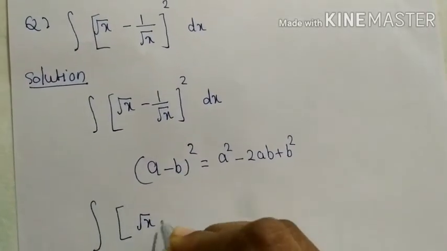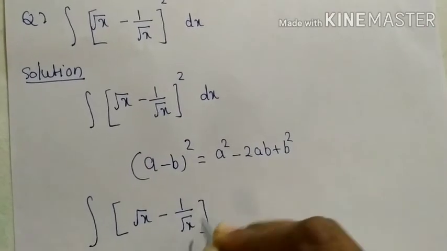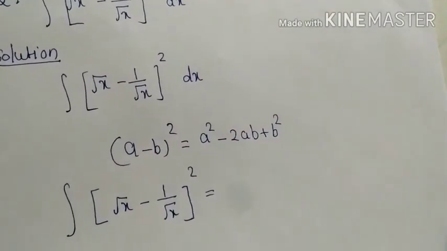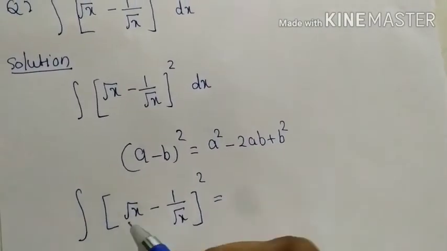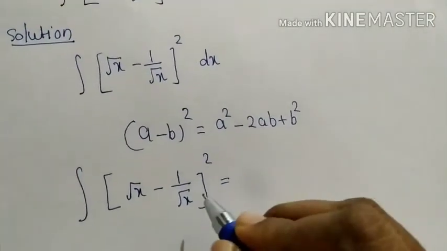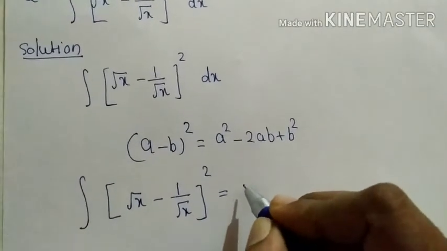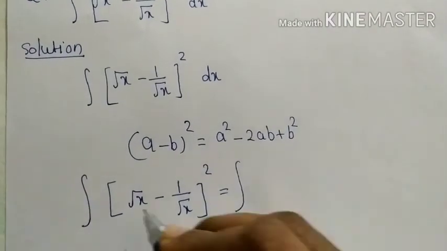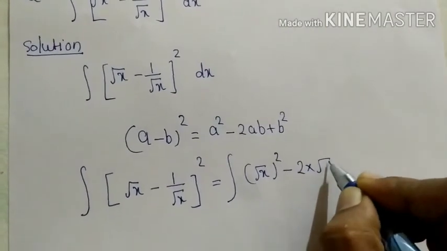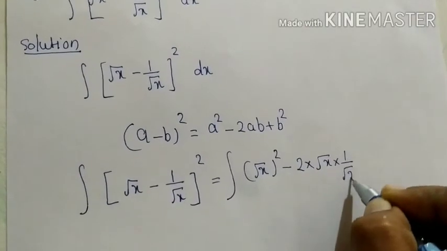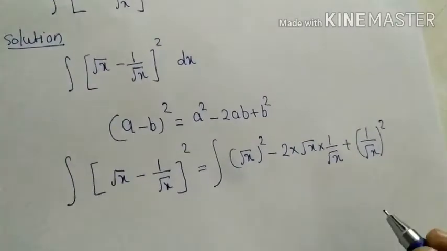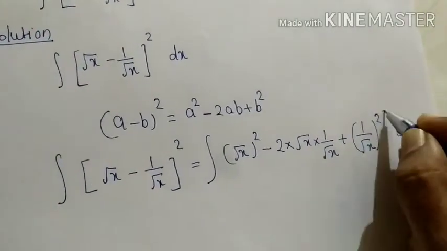Replacing a by √x and b by 1/√x, we get (√x − 1/√x)² as the integral of (√x)² − 2 × √x × 1/√x + (1/√x)², and also write dx here.